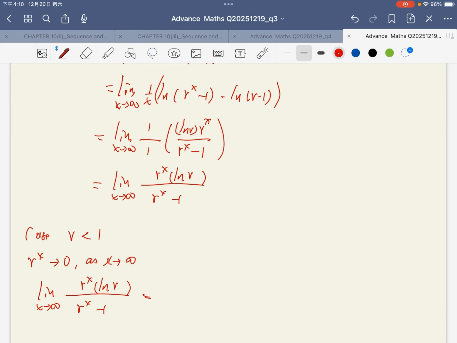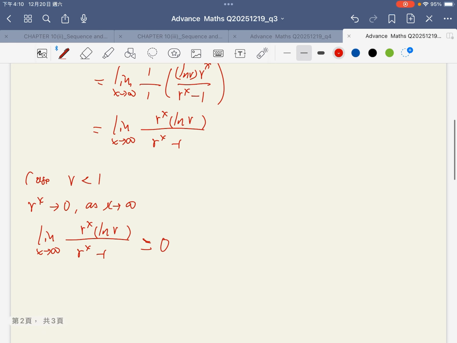Then the denominator is negative 1, the numerator is 0 because r to the x tends to 0, so the final result should be 0. Sorry, I made some mistake here, but anyway, so far so good.